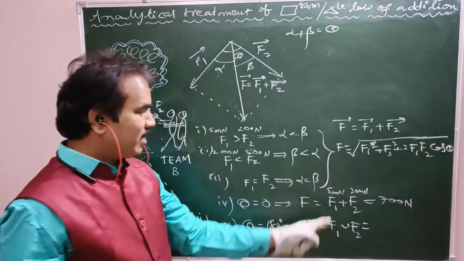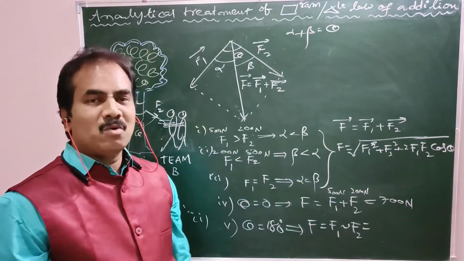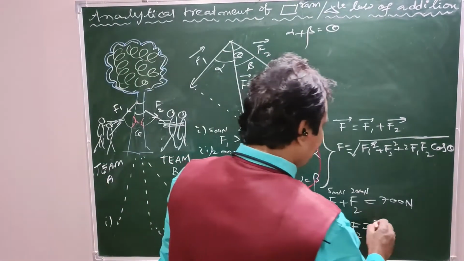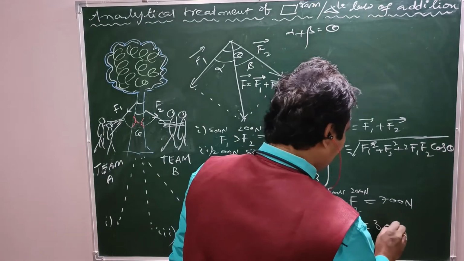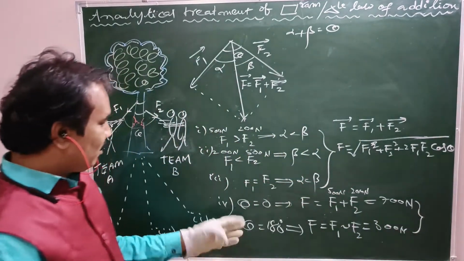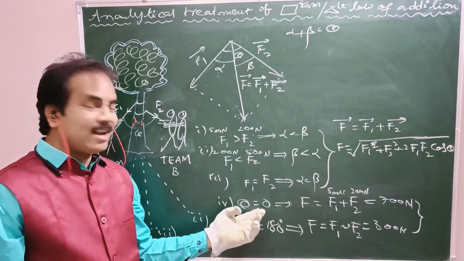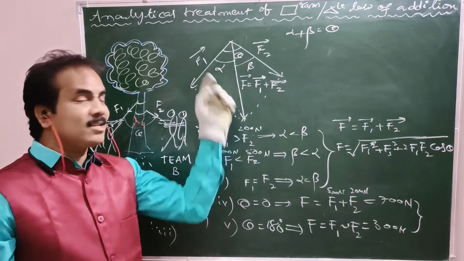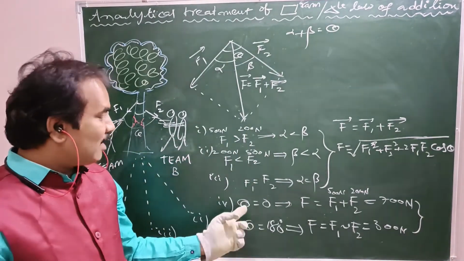F1 difference F2 means 500 Newton minus 200 Newton, that is, the larger value minus the smaller value, which implies 300 Newton. So in these two cases, when the given vectors are inclined at an angle of 0 or 180, the given parent vectors are parallel to each other, otherwise anti-parallel to each other.